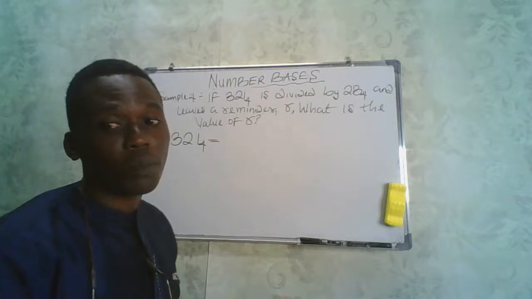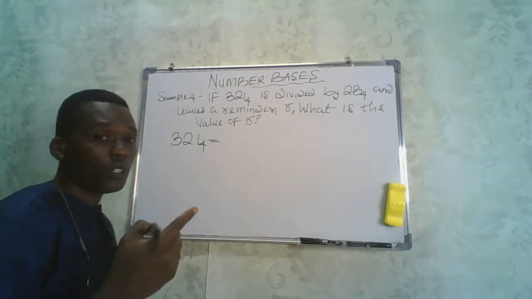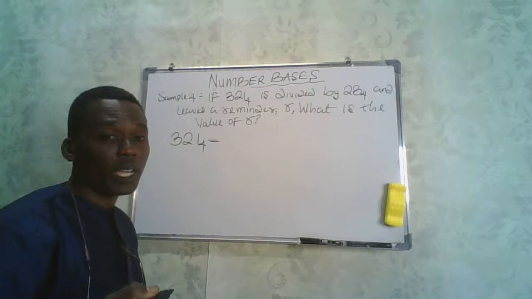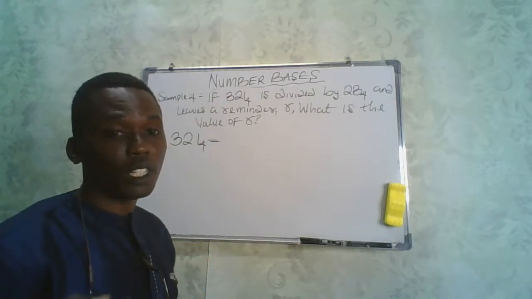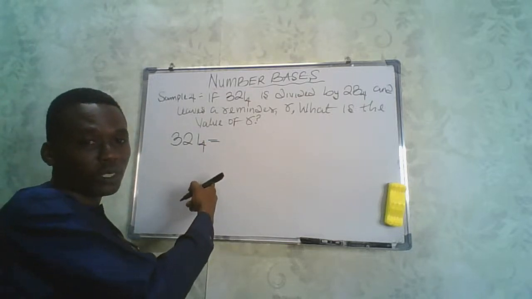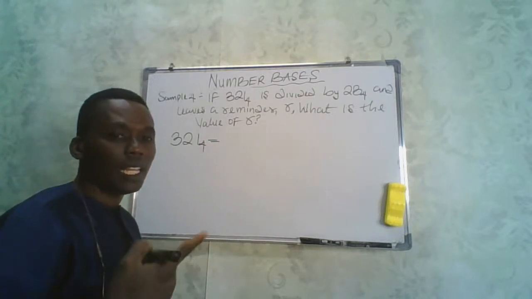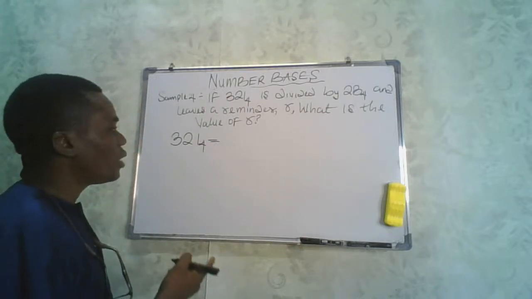Remember, converting other bases to base 10, I told you to use two different methods. You can use the power expansion, and you can use the successive multiplication. So I'm going to use the power expansion for this, and I'll use successive multiplication for the second one, so that we can learn these two methods. Whichever you find easier, you can use during your examination.